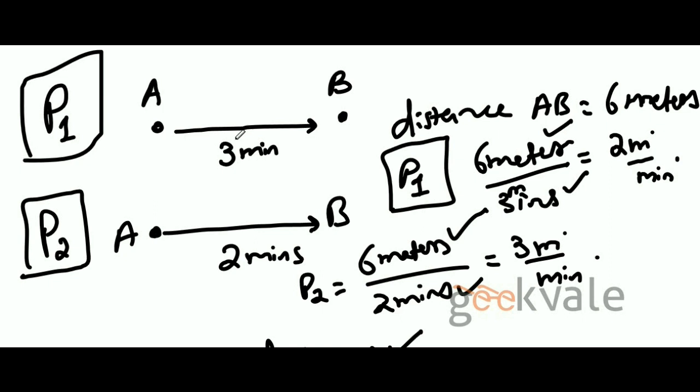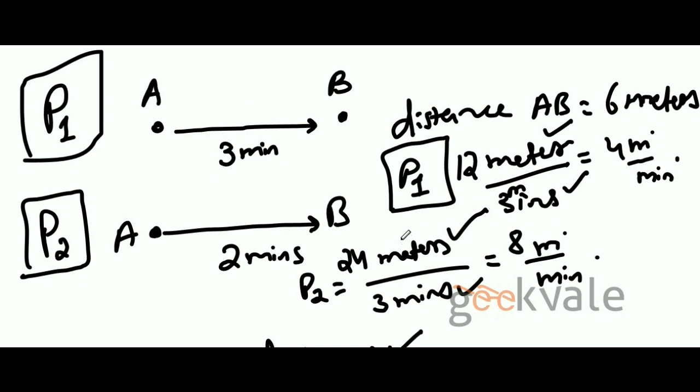Say person 1 took 3 minutes to cover 12 meters, and person 2 took the same amount of time to cover 24 meters. The movement rate for person 1 will be 12 divided by 3, which is 4 meters per minute, while for person 2 it will be 8 meters per minute.